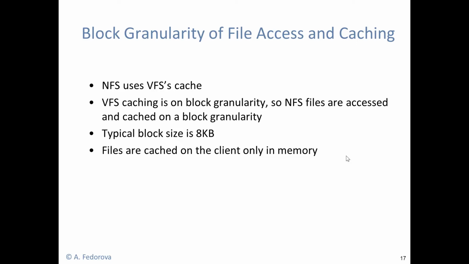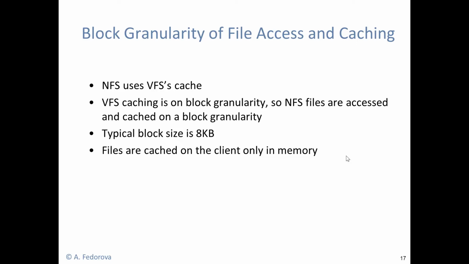And this VFS cache dictates that we cache blocks of files, and typical block size is 8 kilobytes. So that, in some sense, places a requirement on NFS to use block granularity for file access. It's not a requirement, but it's simply more convenient to do so.